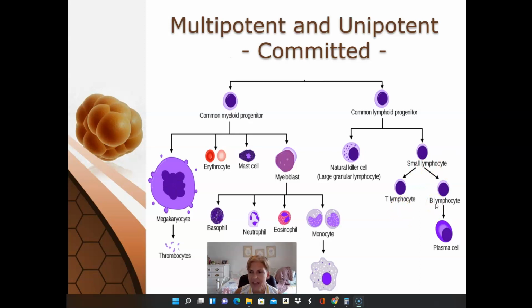B cells, they create antibodies. So you've heard, right? We're all making antibodies after we get the vaccine for COVID. And then the T lymphocyte is more like tissue-related infections, cells that are already infected with viruses or cancer, and they try to destroy them. So that's just one example. Here's multipotent. They can become many, but not all.